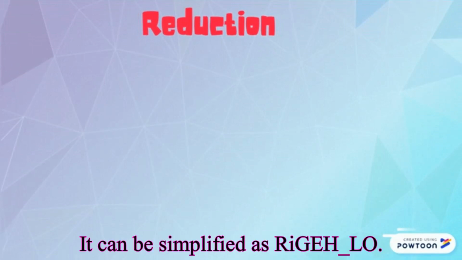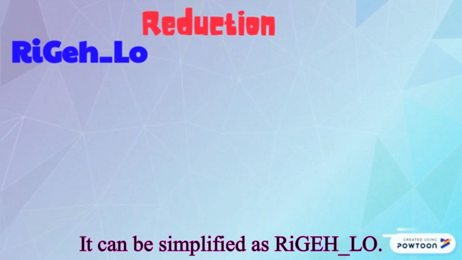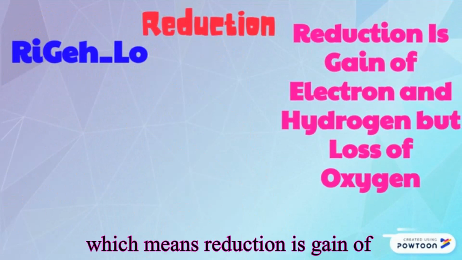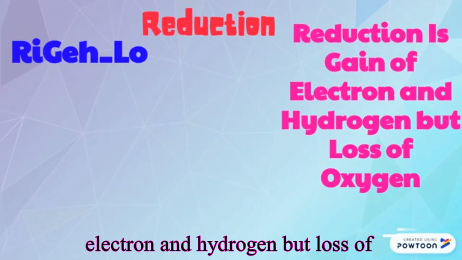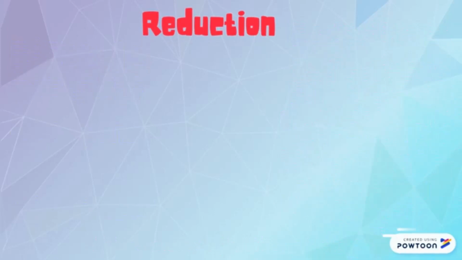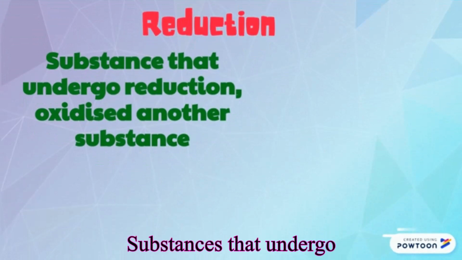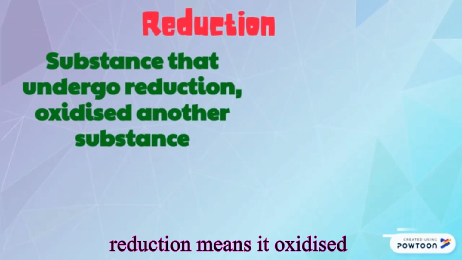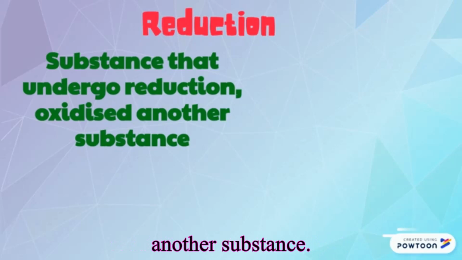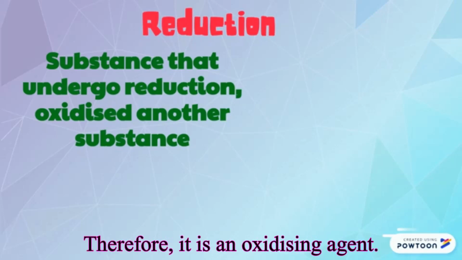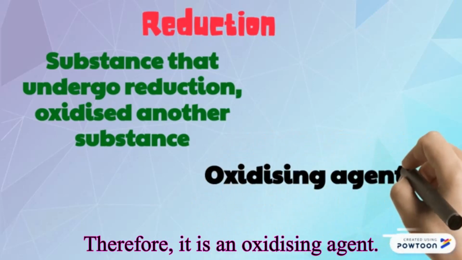It can be simplified as Rege's law, which means reduction is gain of electron and hydrogen, but loss of oxygen. Substances that undergo reduction means it oxidized another substance, therefore it is an oxidizing agent.